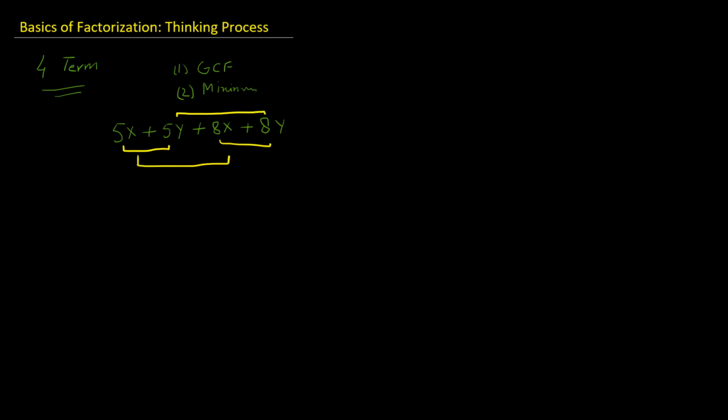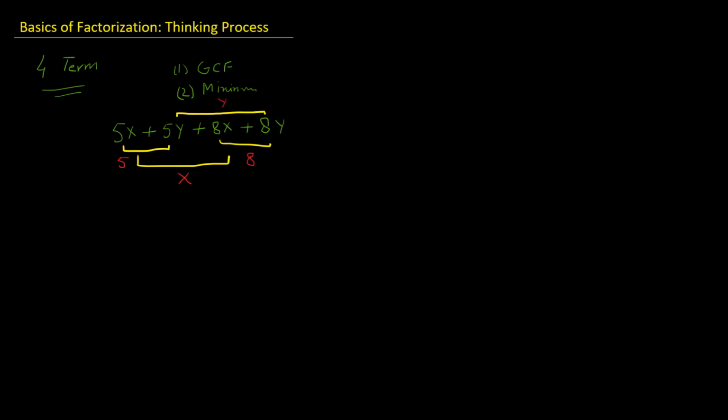So these two have y common, these two have x common, these two have 8 common, and these two have 5 common. Now because we have 2 pairs of commons, one is the pair with x and y, one is the pair with 8 and 5, it means it's likely that this expression can be factorized.